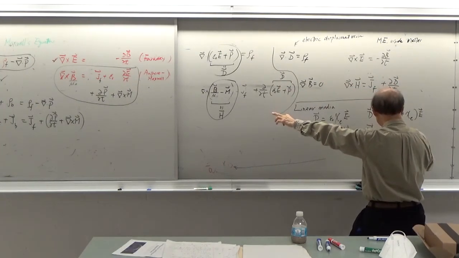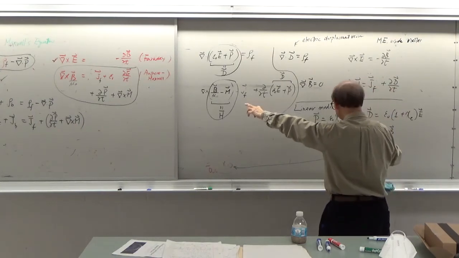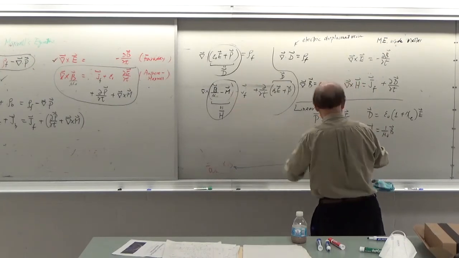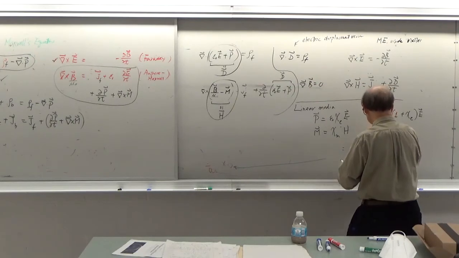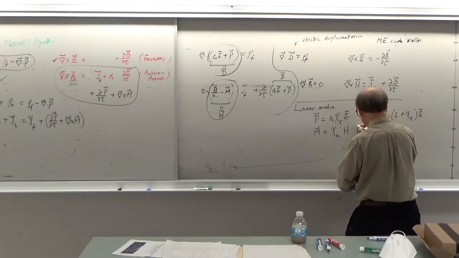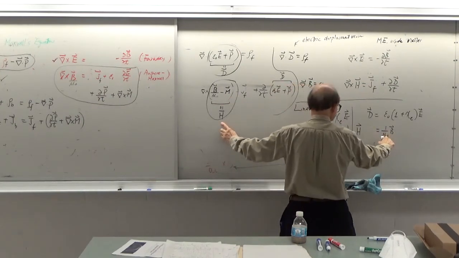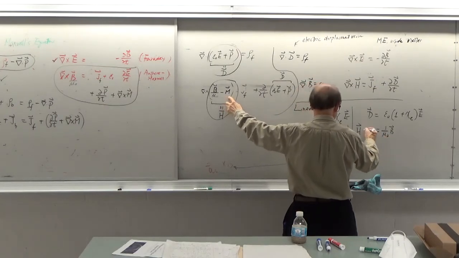1 over mu naught E. Okay. M can be moved to the other side. Plus M. So that H is equal to mu naught B over mu naught. Okay. Minus M goes to the other side.